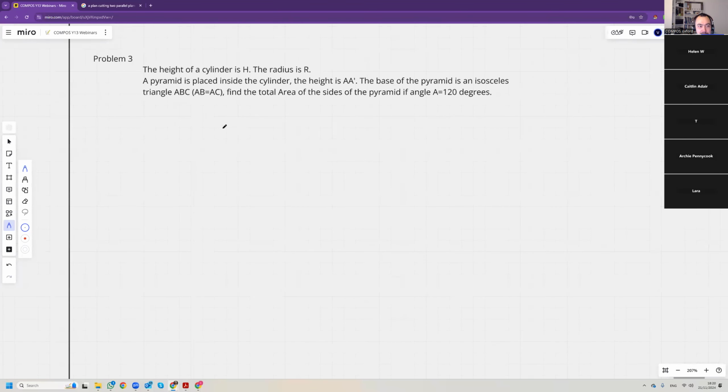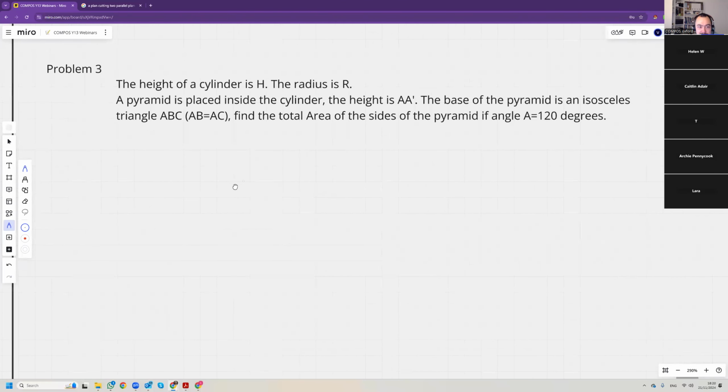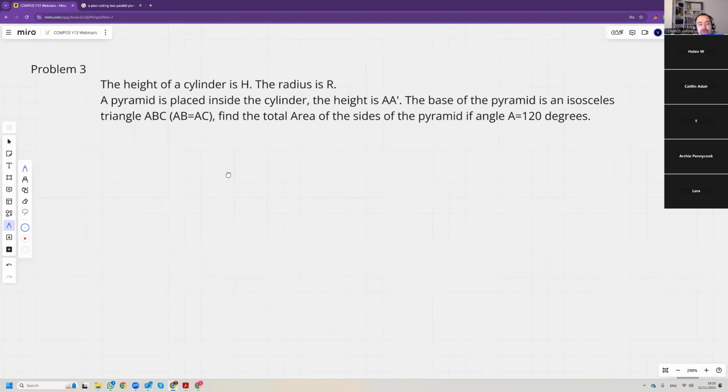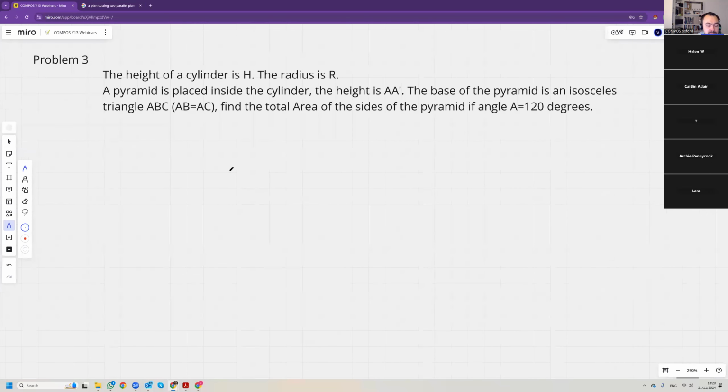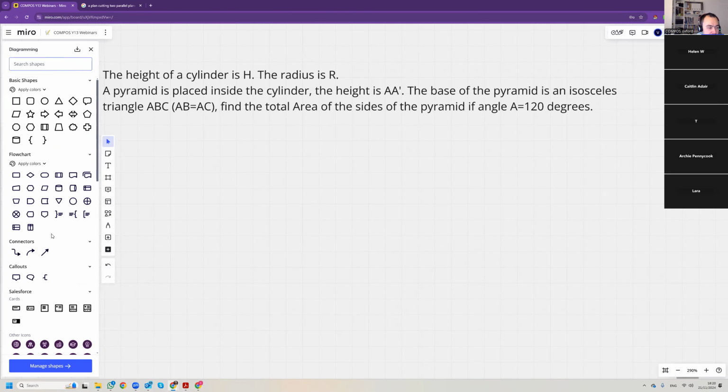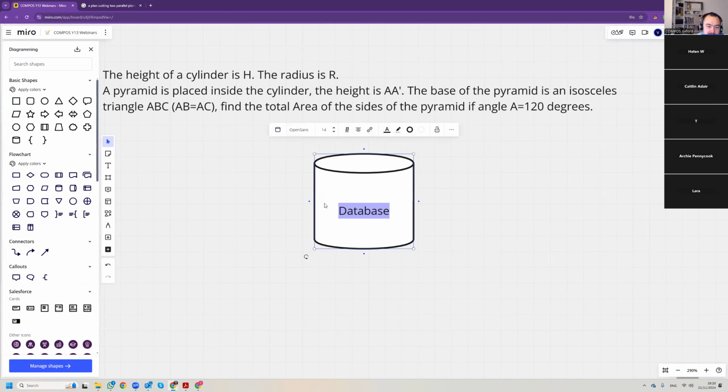Okay. The height of a cylinder is h. The radius is r. Okay, let's start drawing it. Oh, it does cylinders.